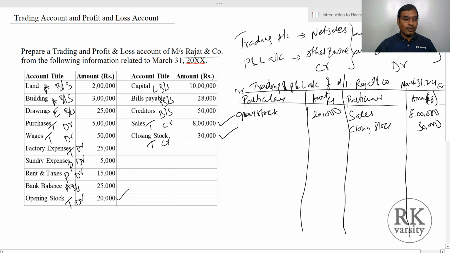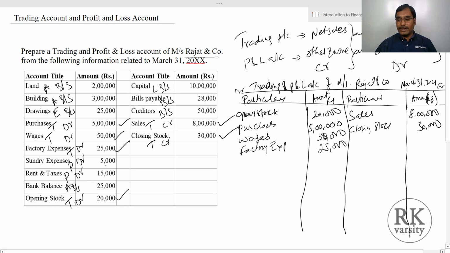Then we go for purchases, 5 lakhs. Then this is done, and the wages, 50,000. Then factory expenses, 25,000. So no other item in the trading account. So we will balance. Whichever side is highest, this is highest, 8 lakhs 30,000.